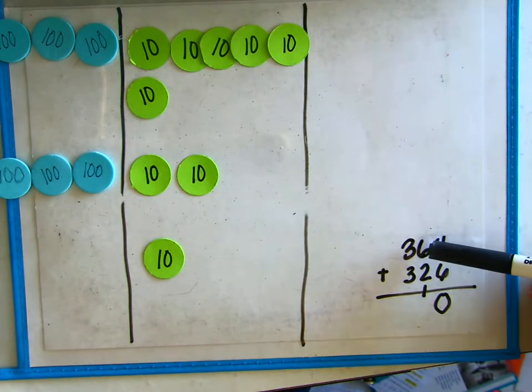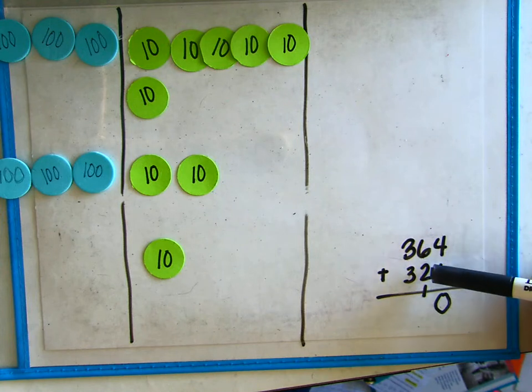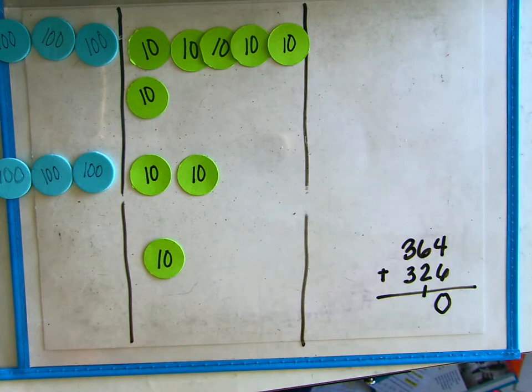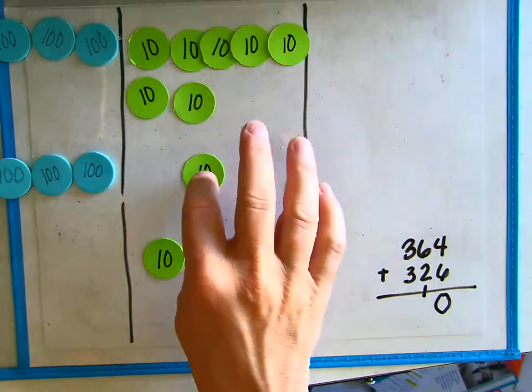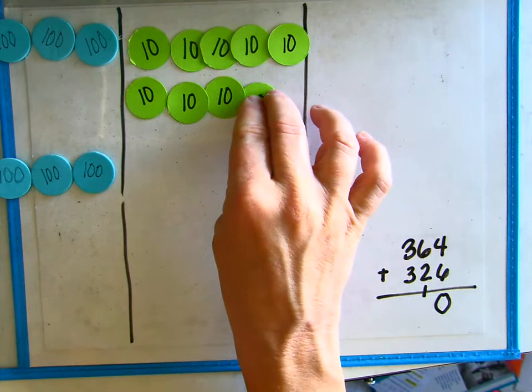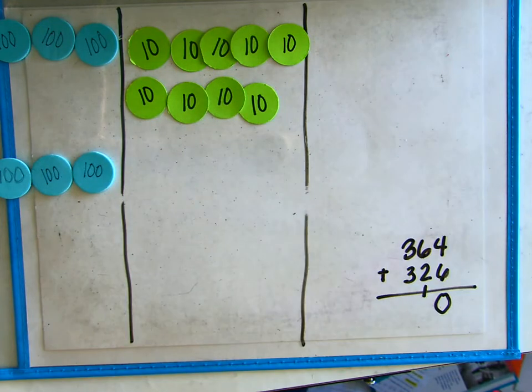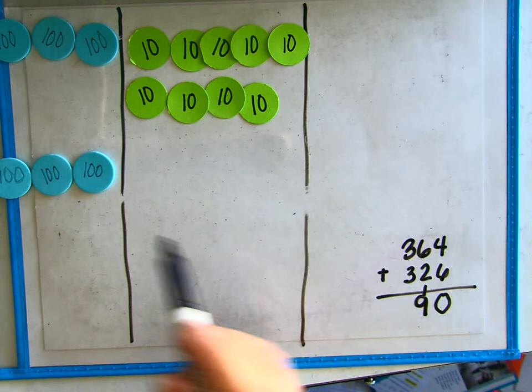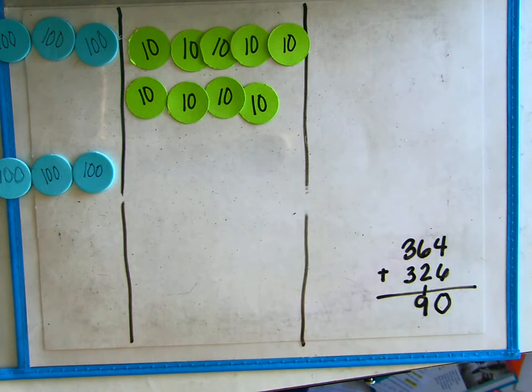Now we're coming here. 6 plus 2 plus 1 is 9. Did we compose a new group?